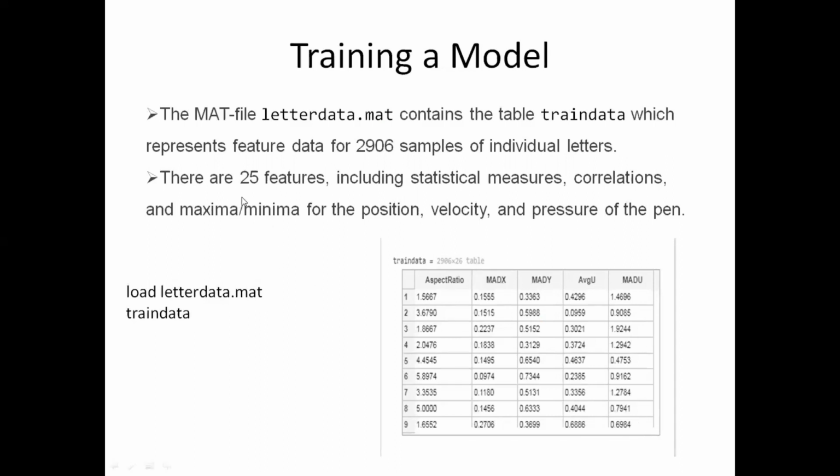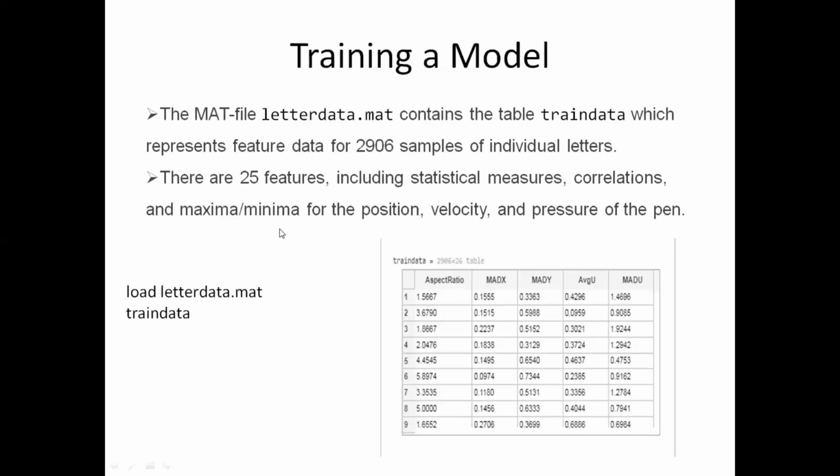So these 25 features include statistical measures like the median and the MAD. Then we have other things like dx by dt, dy by dt, the maximum value of dx by dt, and the maximum value of dy by dt. Then we have the average slope and the correlation.